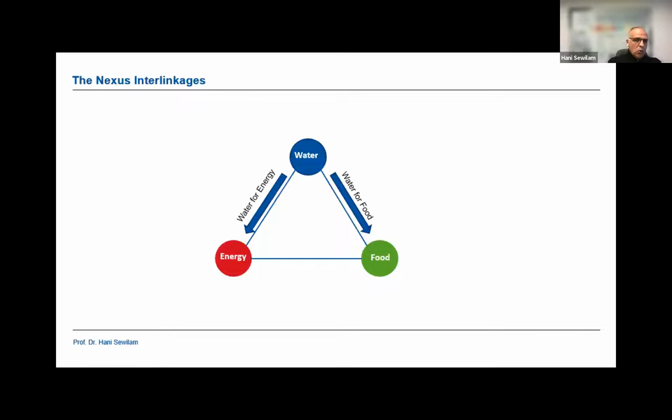So water for energy is one objective, but also water for food is another objective. So in the case of Ethiopia, trying to generate hydropower might affect the other countries who are trying to generate food from the same amount of water that will be used for generating energy.